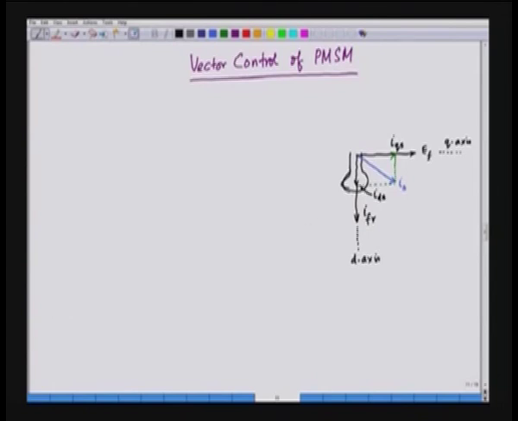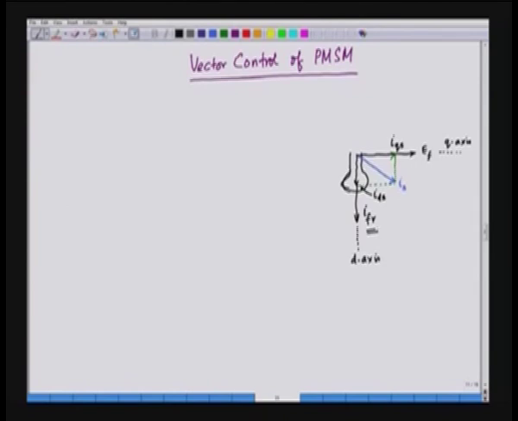So, we have two currents, IDS and IQS. We can name them in a slightly different way. We can call IDS as IF, the flux component of current, because IDS is in phase with IFR.